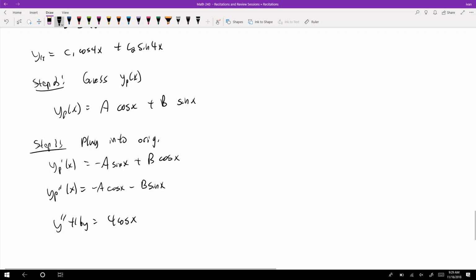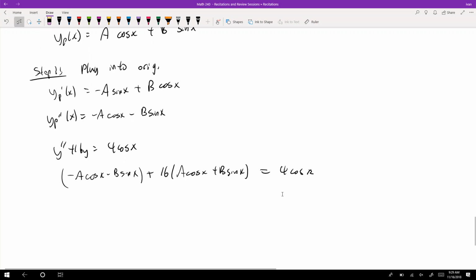And now, plugging in, you'll get negative a cosine x minus b sine x plus 16 times yp, which is this original guy, a cosine x plus b sine x, is equal to 4 cosine x. This is 15a cosine x plus 15b sine x is equal to 4 cosine x.